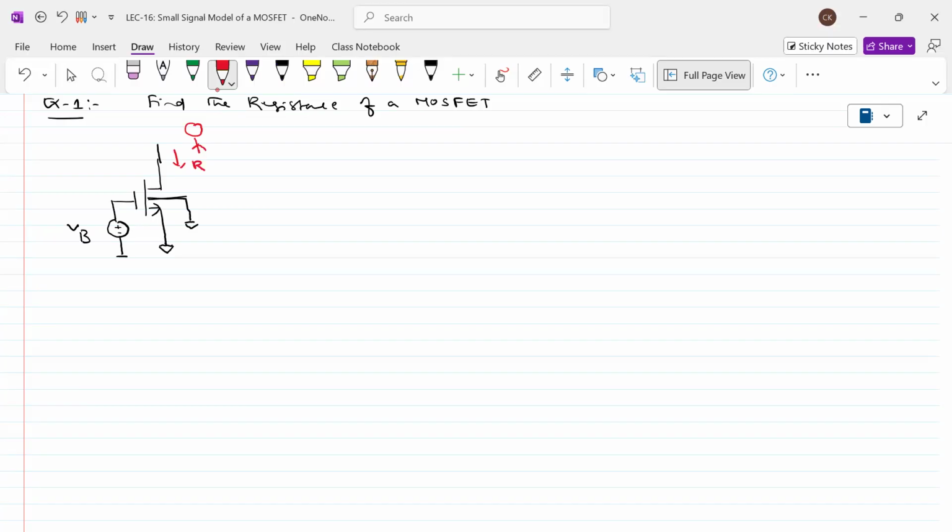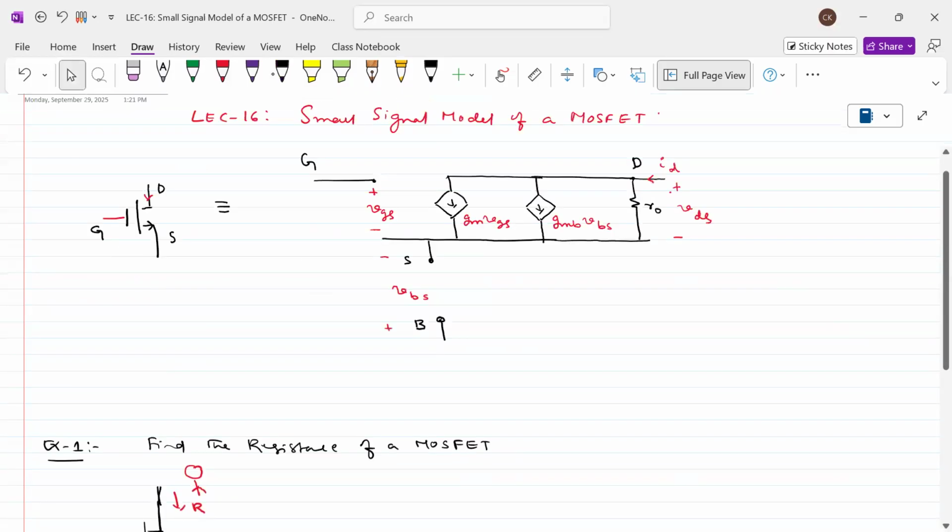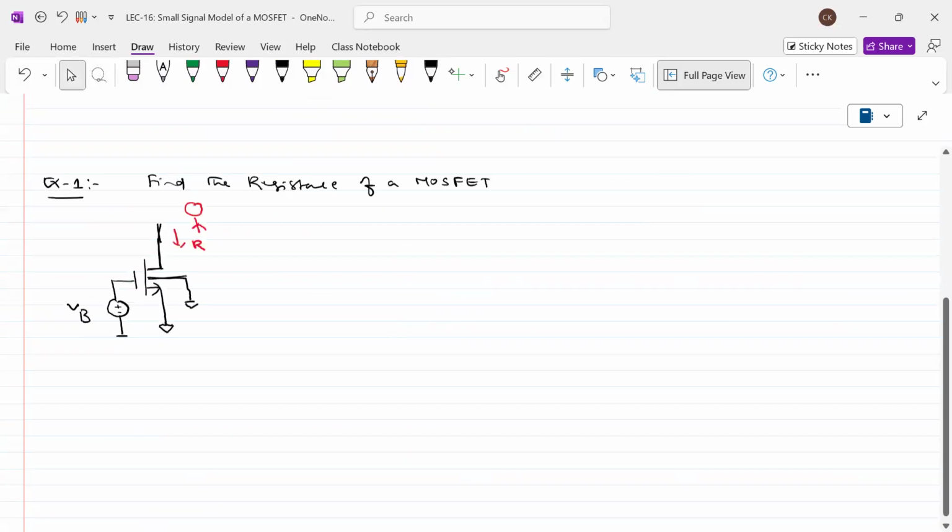Now, as we know, for small changes we can see the resistance using the small signal model.